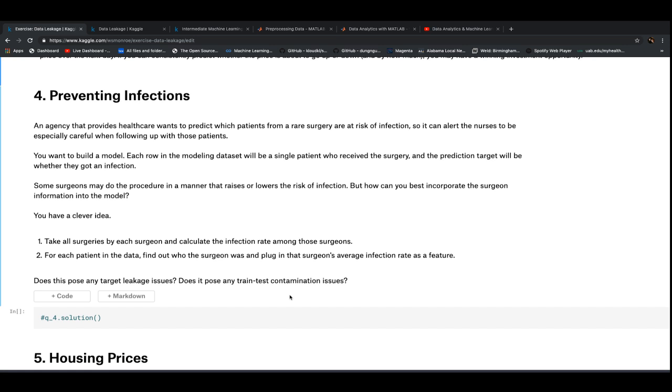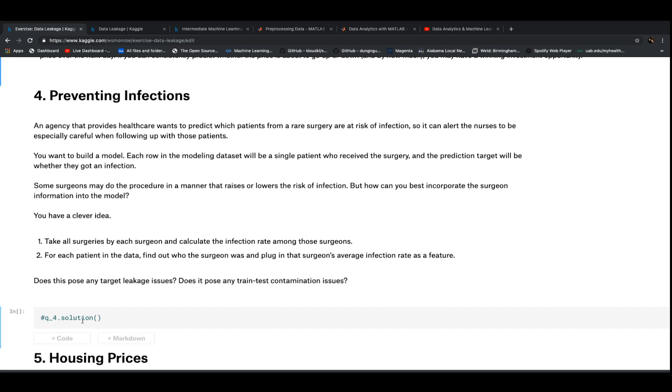This is a very tricky one as well. Pose any train test contamination issues. I don't think at the outset it provides any direct train test contamination issues. Even if the questions are target leakage and train test contamination, I don't think so.